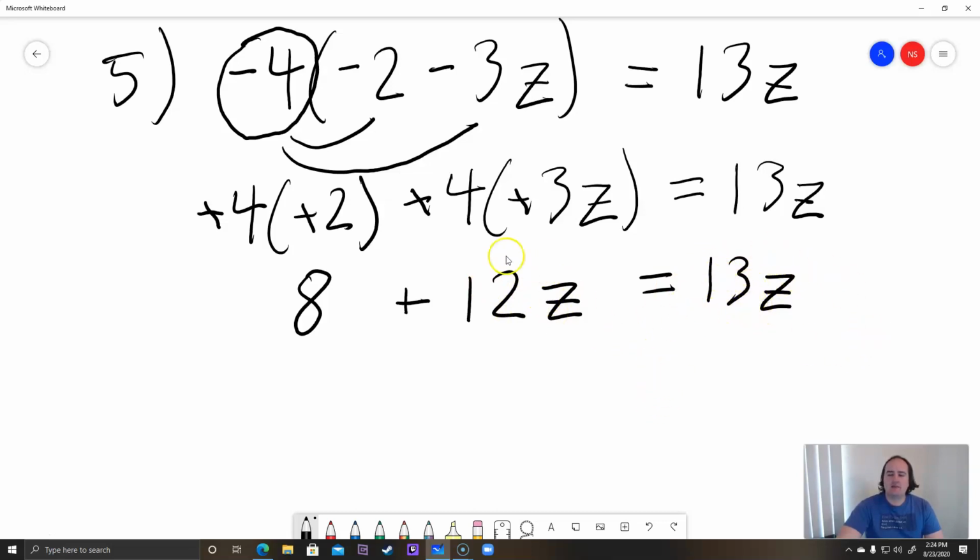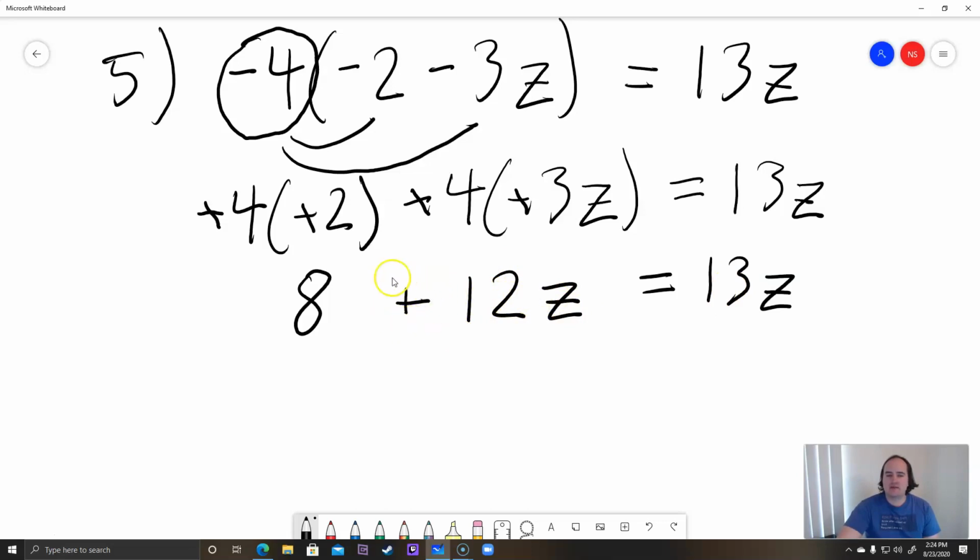The way I teach it is it's usually easier to get rid of whichever coefficient is smaller. So here, it's easier to get rid of the 12z than the 13z. There's nothing wrong with getting rid of the 13z, but it'll be less work if you get rid of the positive 12z.